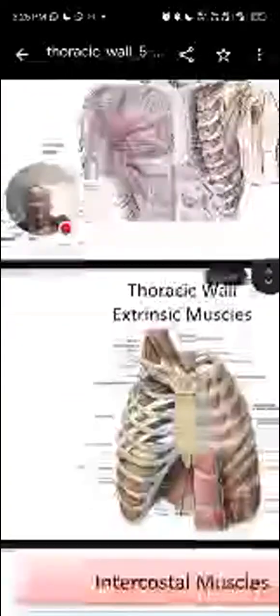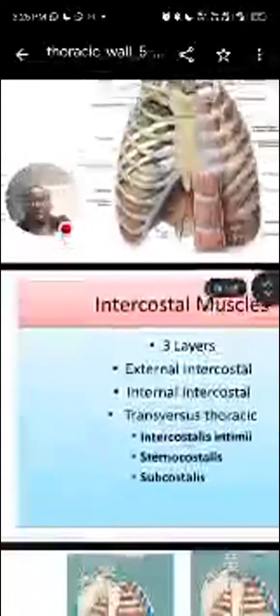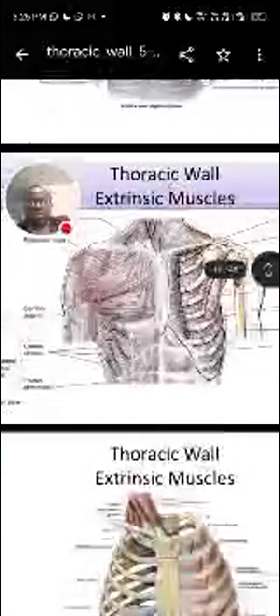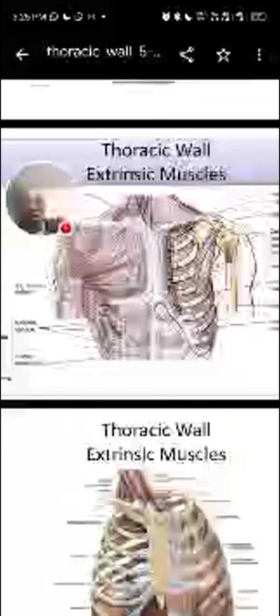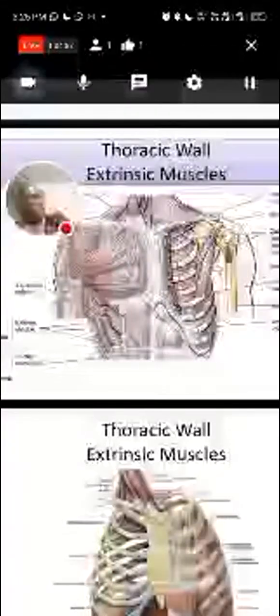Now let's look at the structures that pass through the superior thoracic aperture. That's the inlet. So the inlet is also called what? Okay, let's move on. Now as we are moving on, you've seen the thoracic wall, you've seen the thoracic cavity.